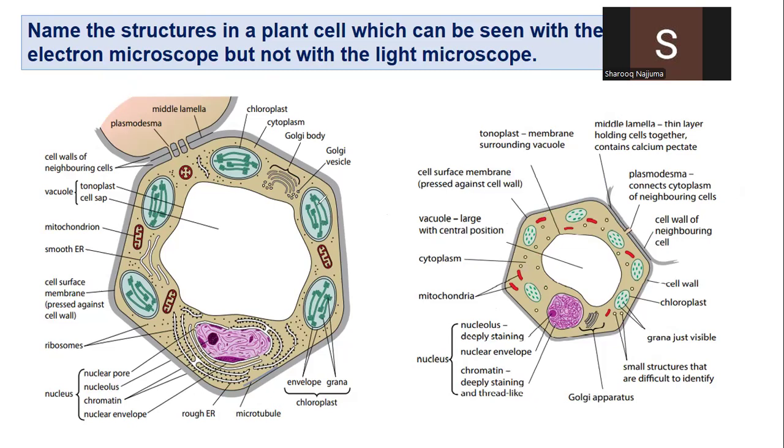You can see the chloroplast grana and thylakoids, this side you will not see it. So you should be able to tell and also draw some of these features in case you're asked to draw them.